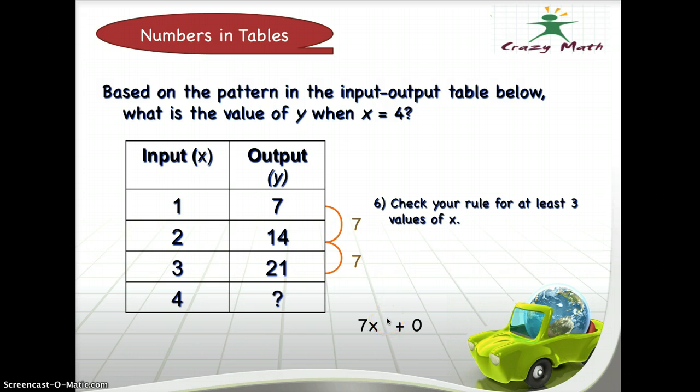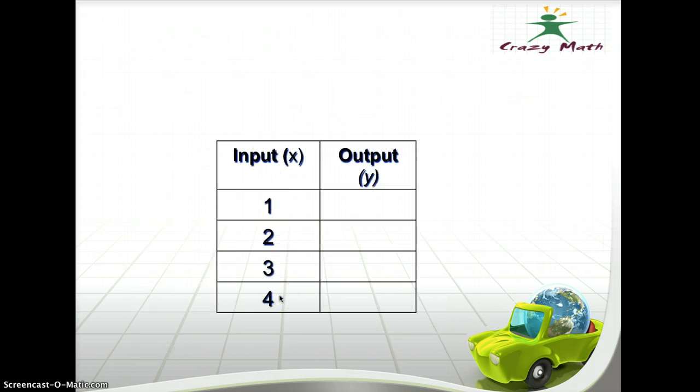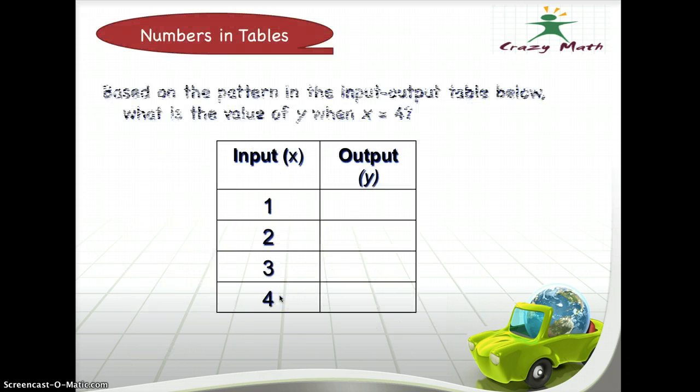So 7x plus 0 should equal y. To simplify, this is the same as y is equal to 7x. I do not need to write plus 0 because it's not going to change the result. So if we continue, 7 times 4 is going to give you 28.